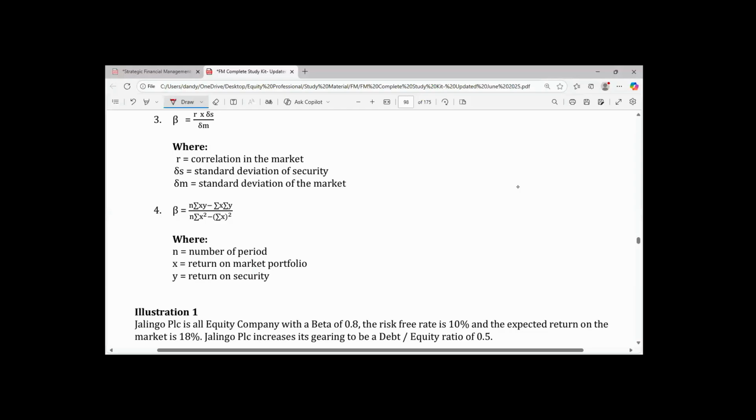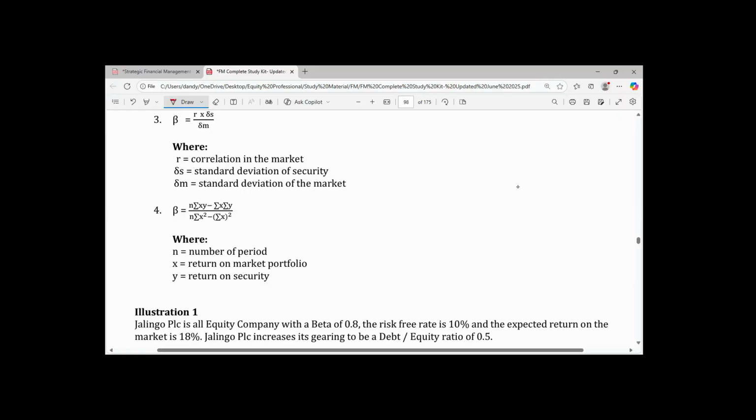And we said that CAPM can be used for pricing risky assets. You can use it to price shares or stocks, to generate expected return, and also for calculating cost of capital.